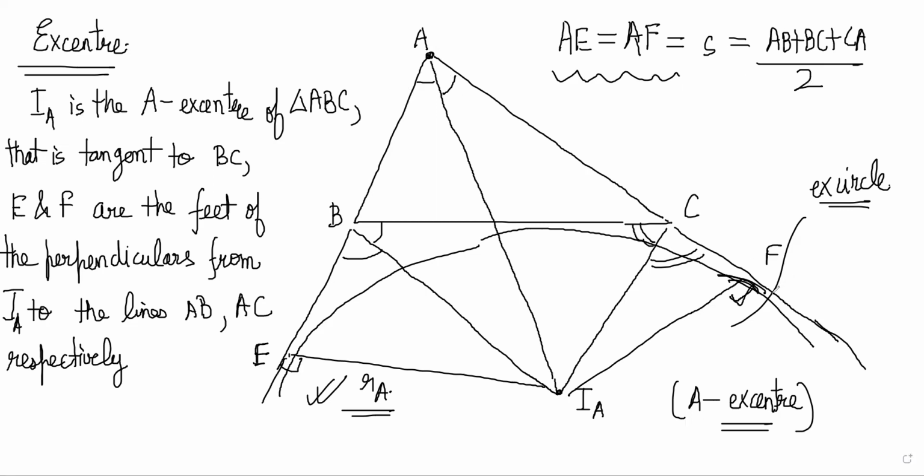So the lengths of two tangents from a single point outside the circle will always be equal. You can prove that the length AE is equal to the semi-perimeter of the triangle ABC. Again, I will not discuss the proof here because it's pretty simple to do. You can do it yourself.